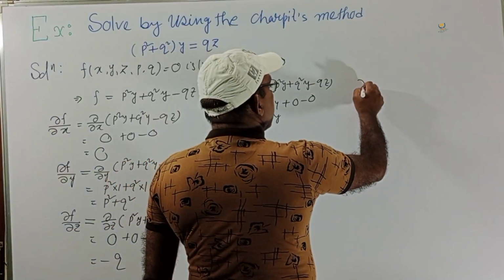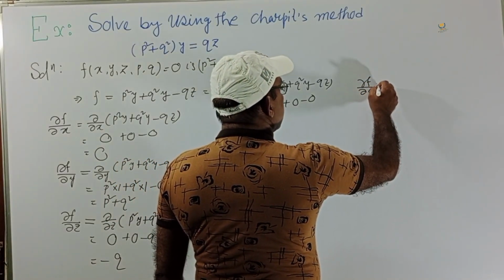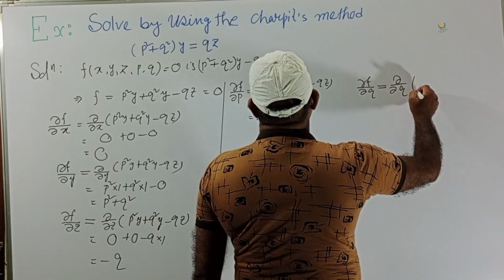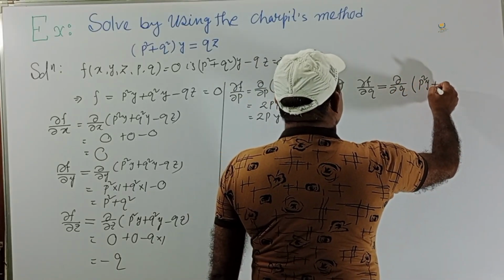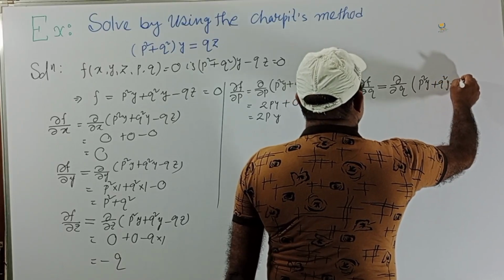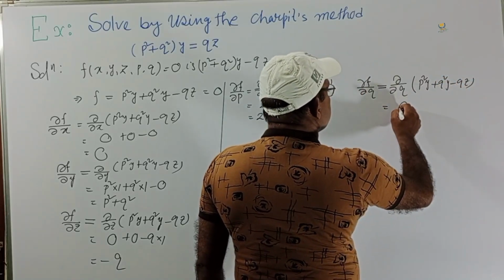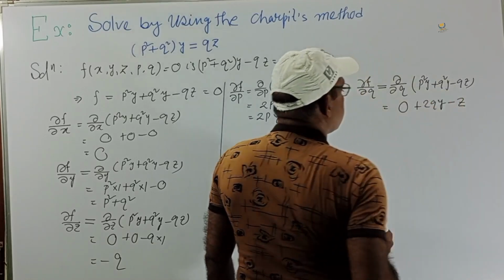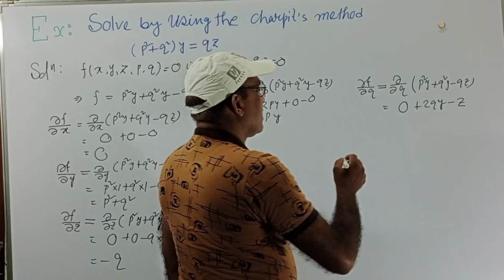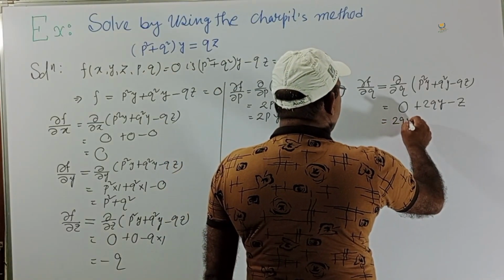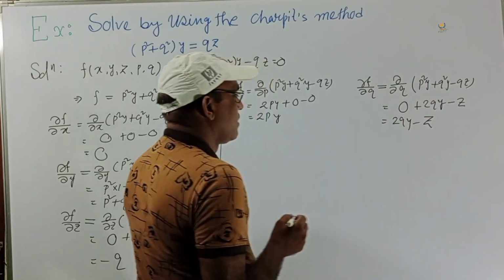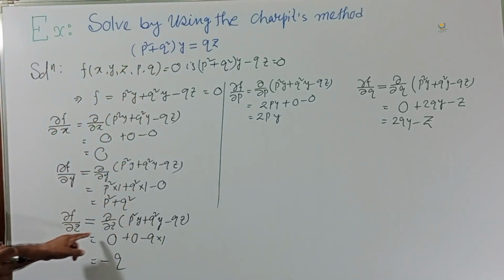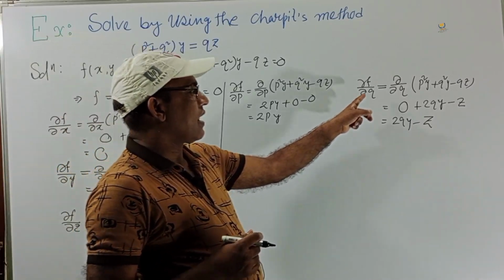And del f del q: 0 + 2qy − z, so del f del q is 2qy − z. We get these values of del f del x, del f del y, del f del z, del f del p, and del f del q.